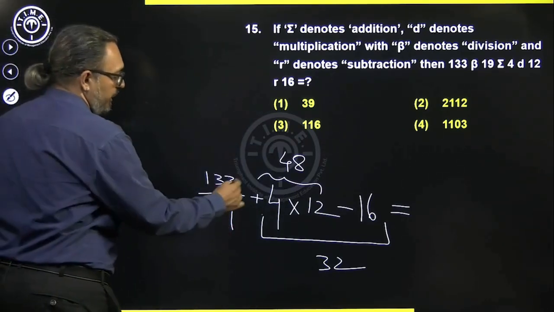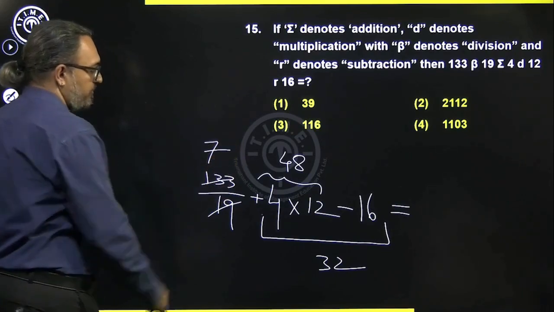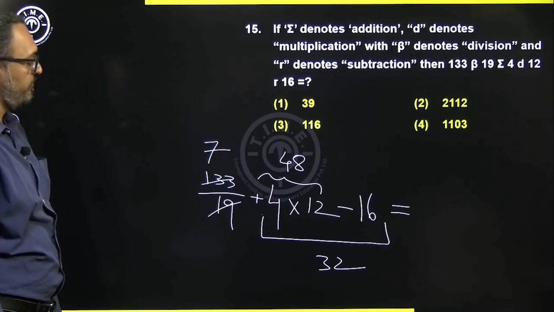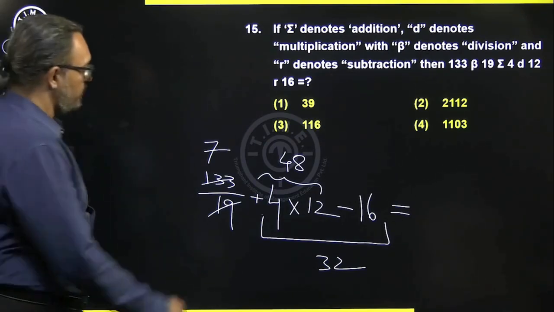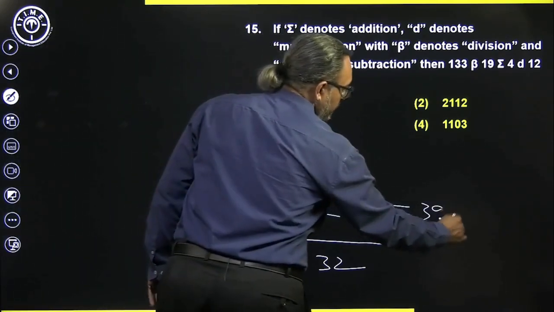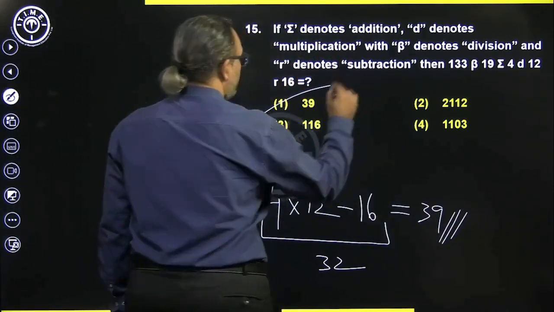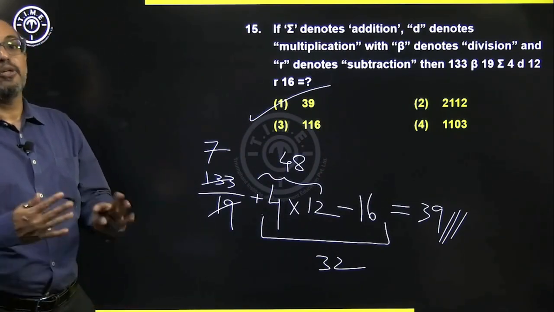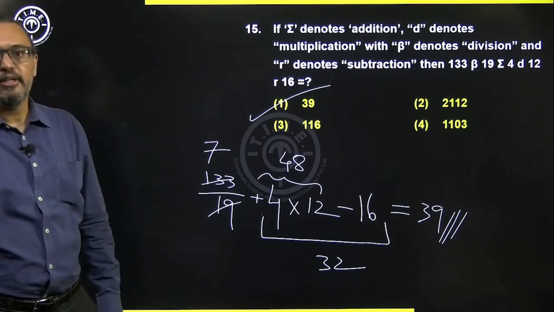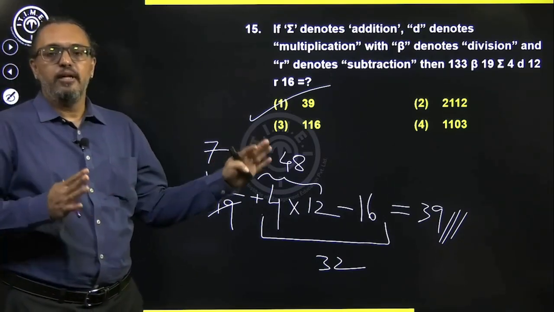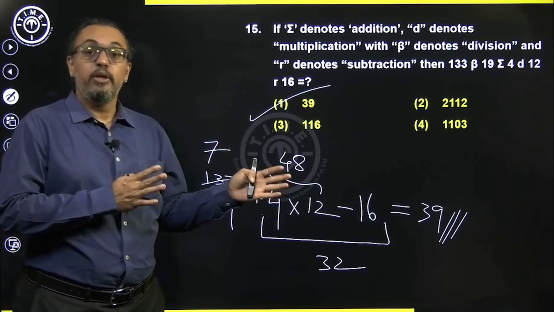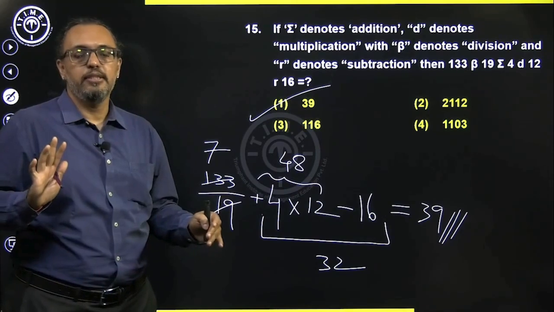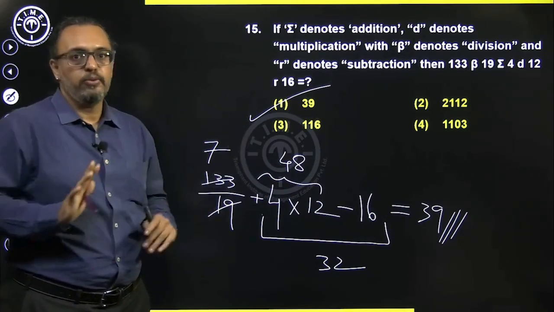Now this I can say that 19 goes 7 times in 133, yes. So 7 plus 32 gives you 39 and that is available to us in first option. Okay. So that is how symbols and notation questions will be given. So move at a steady pace, work only one time and ensure that you are getting the right answers. Okay. And that is how it has to be done.